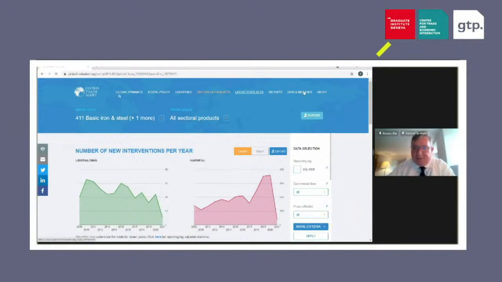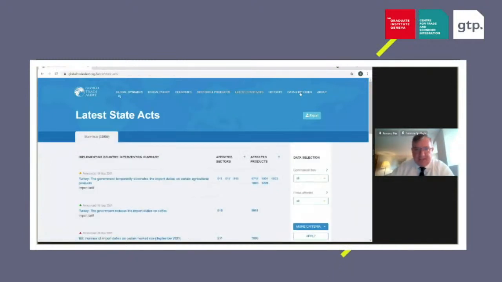And the last page, which is of interest, is the data and methods page for 2 reasons. First, you can extract the entire data set from that page. And secondly, you can download the GTA handbook from the data and methods page. And this handbook describes our methodology in detail. So the latest state acts page has come up just now.